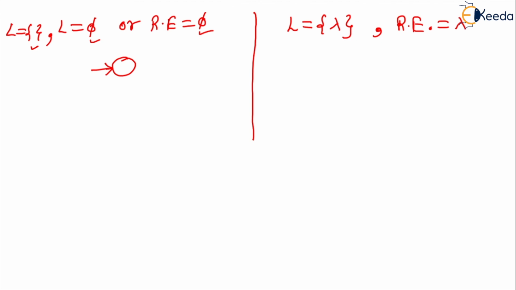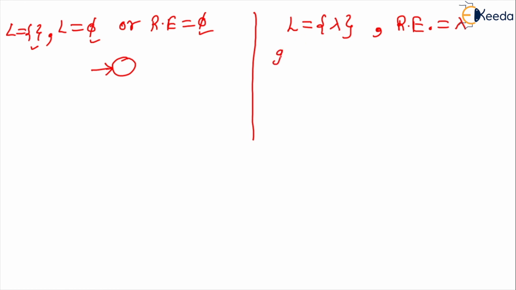Got it? So what is the definition of this language, or the definition of this regular expression? The definition is that it is a language that accepts the string of length 0. What is L equals to null?